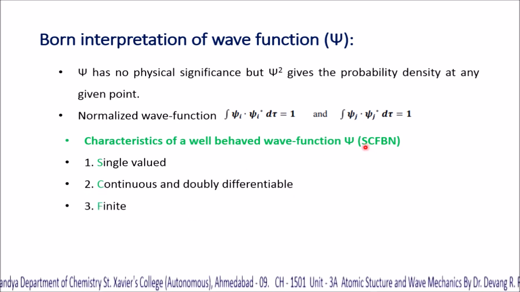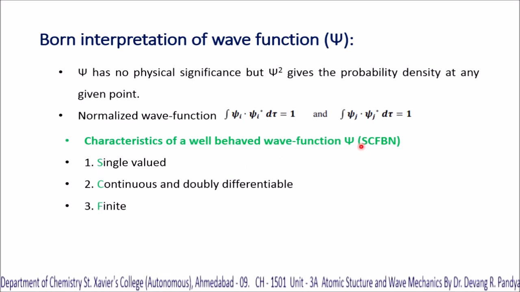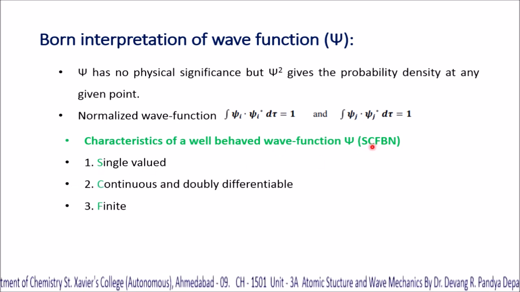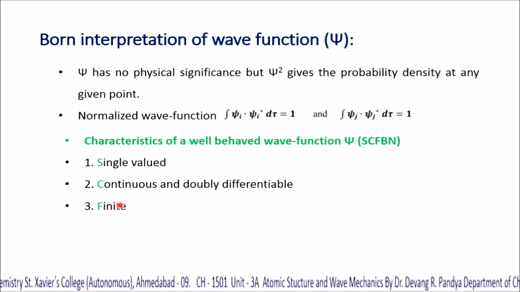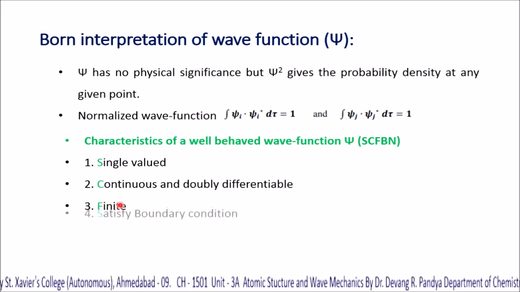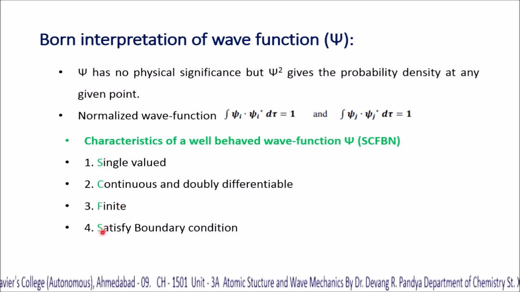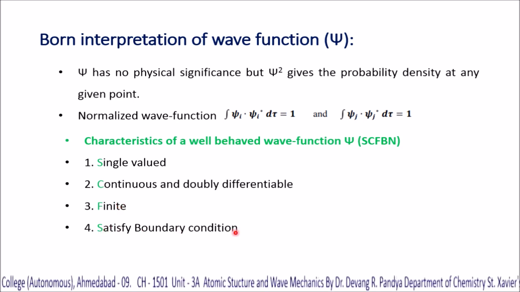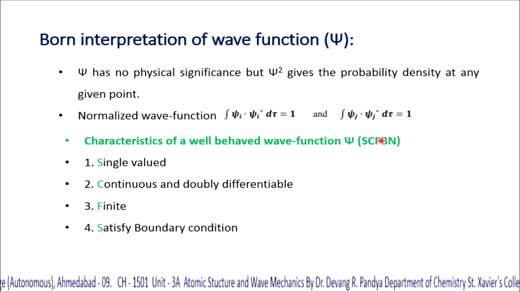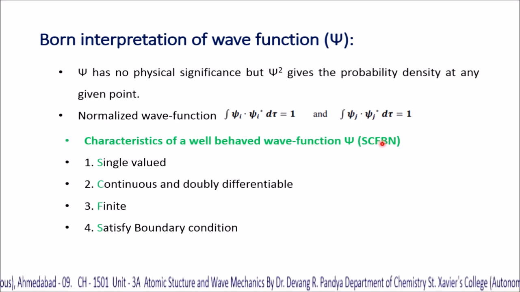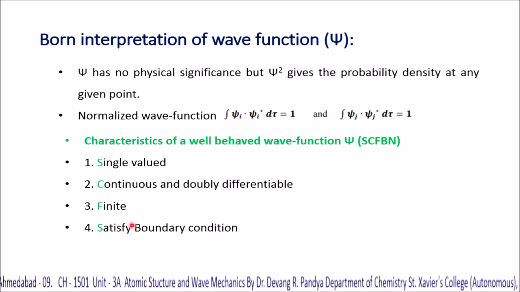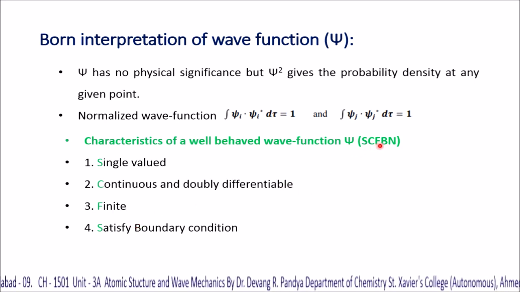So S, C for continuous, F for finite. A propagating wave must have a finite value at one position, and it should satisfy boundary conditions. So here you need to color B for boundary conditions.